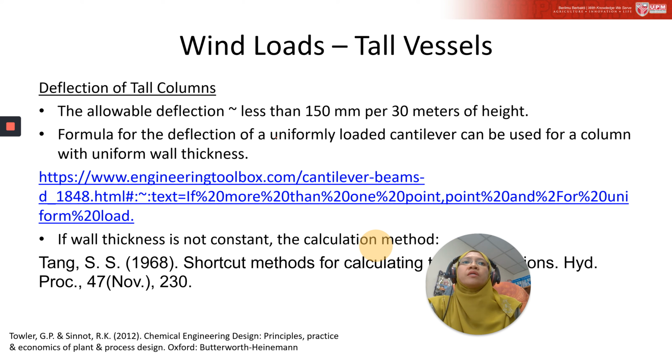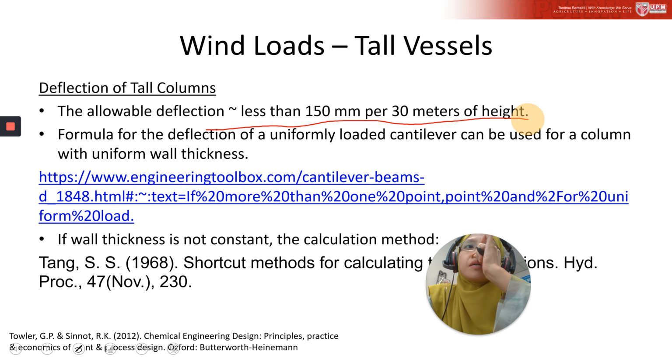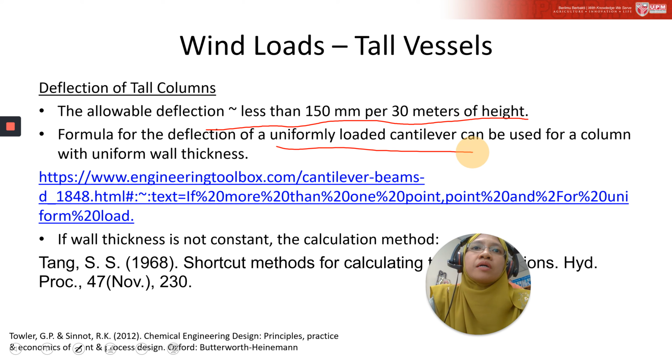Then, when considering wind load, you will need as well to consider deflection of a tall column. The allowable deflection is around less than 150 millimeter per 30 meters of height. And then you can use the formula for deflection of a uniformly loaded cantilever, which can be used for a column with uniform thickness.